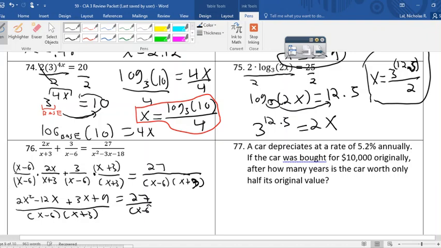And what I can do is multiply each side by x minus 6, x plus 3. When I do that, I'm going to cancel out my denominators.